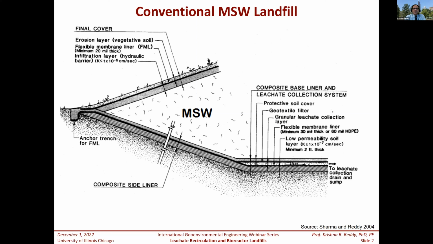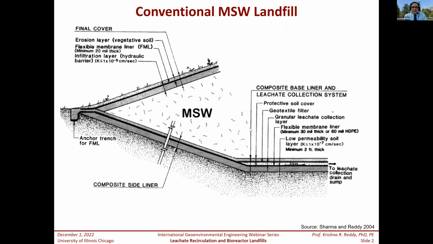So the US regulations say that you should have a bottom liner and side liner, a leachate collection system on the top of it, and then you put the waste, and then you have to have a final cap on the top. And then in addition to this, you have to have a gas collection system, and then you have to have a groundwater monitoring system.